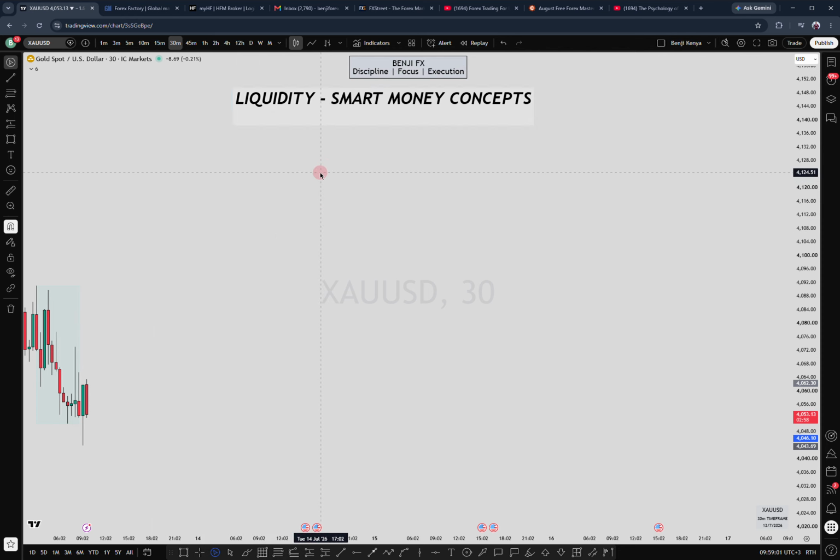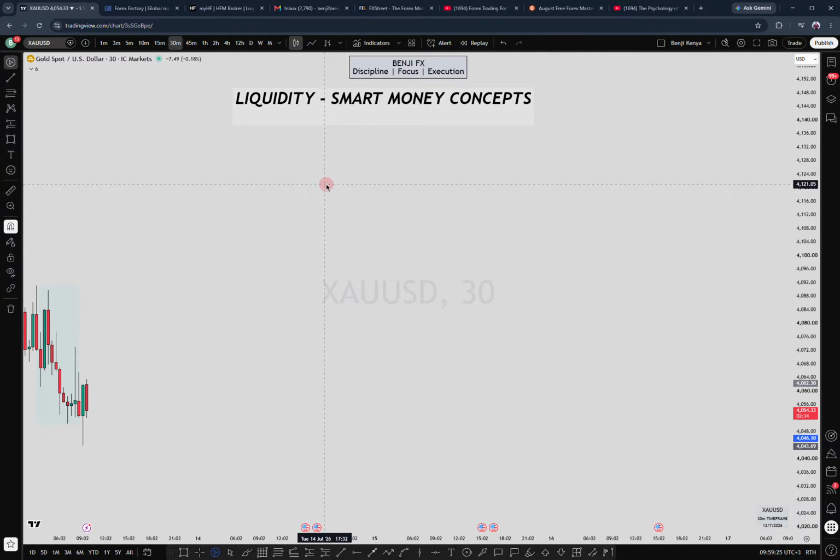So we're going to begin with liquidity. What is liquidity, and how can we understand it in a way that is actually simple? I usually explain liquidity in this manner. Liquidity is like a moving car, a vehicle, a matatu or a manyanga.